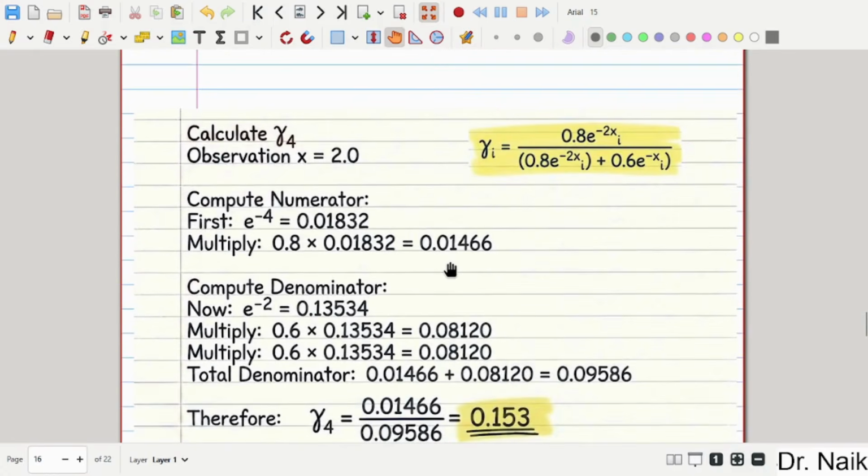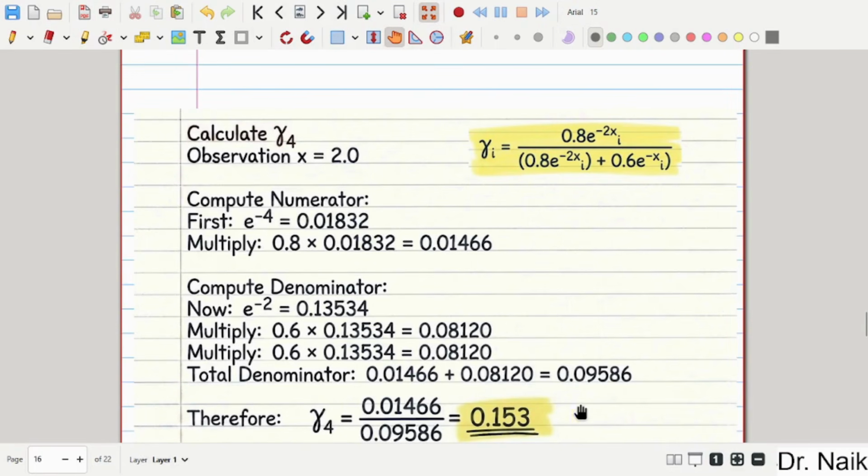Now calculate gamma 4. Our fourth observation is 2.0. e raised to minus 2 multiplied by 2.0 is equal to minus 4. So e raised to minus 4 is equal to 0.01832. Multiply it with 0.8, so 0.01466. e raised to minus 2.0 is equal to 0.13534, multiply it with 0.6, so 0.08120.